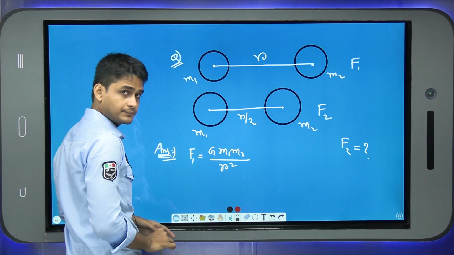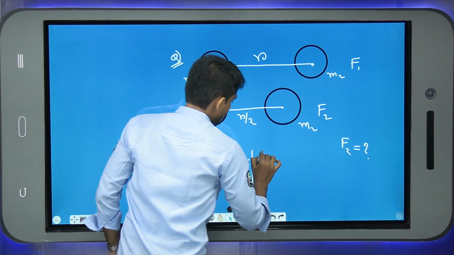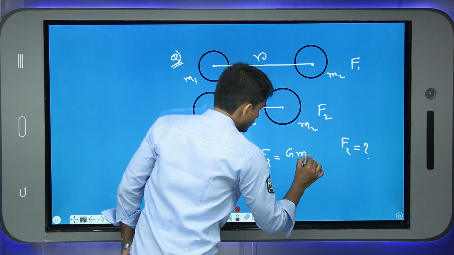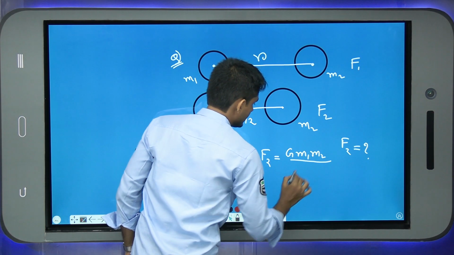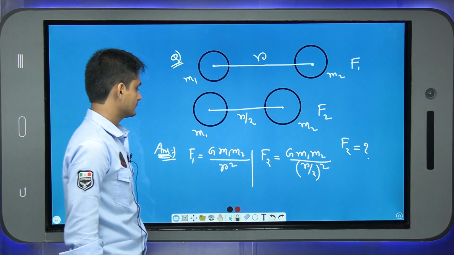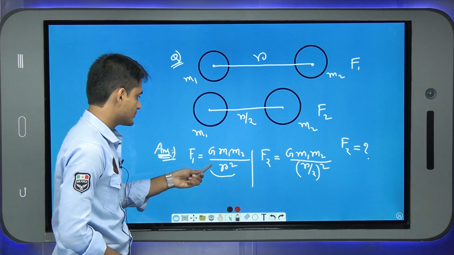This is F1. For the second case, F2 equal to G m1 m2 divided by r by 2 whole square, because r square.